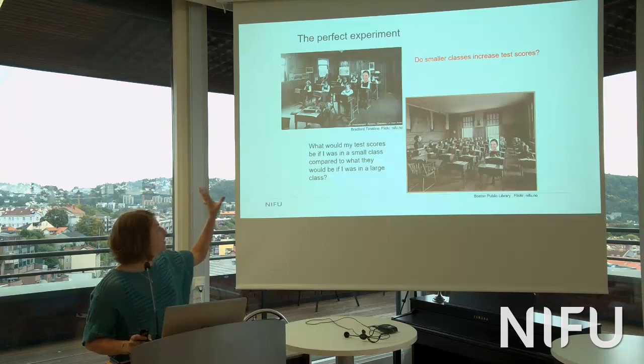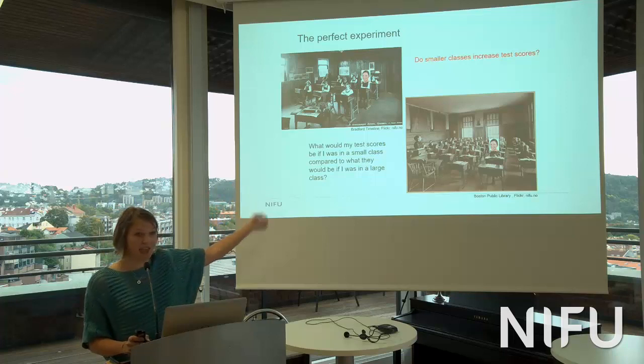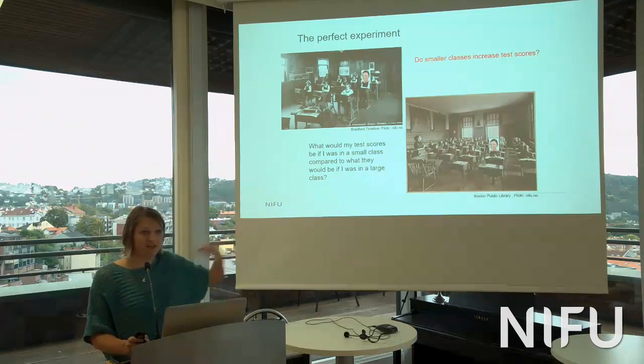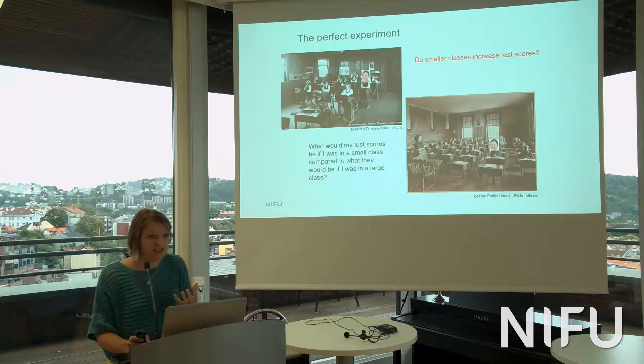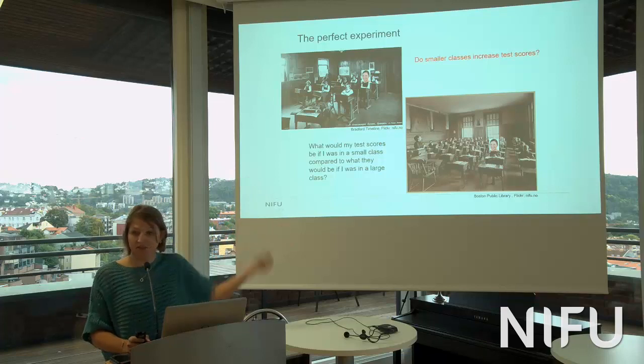Well, if we go back to this classroom example, what if you were able to place me both in the large classroom and in the small classroom? And then you could give me the same test in both these cases. Since I'm the same person and the only difference is the fact that I'm placed in a small and a large classroom, then the difference in my test scores, we could say, is the effect of being in a small classroom.